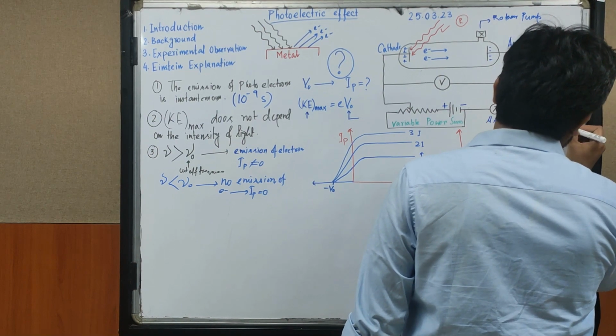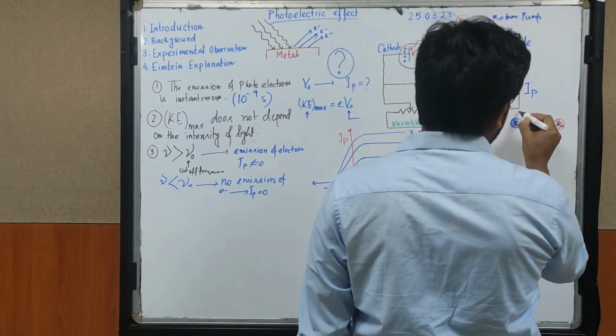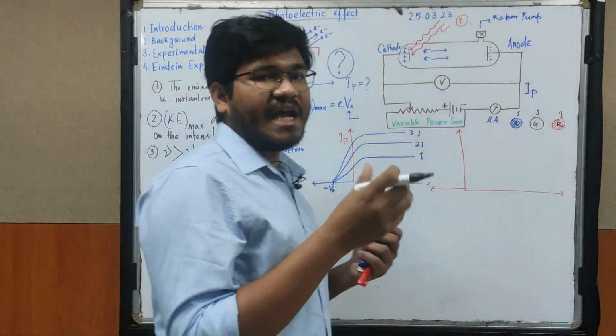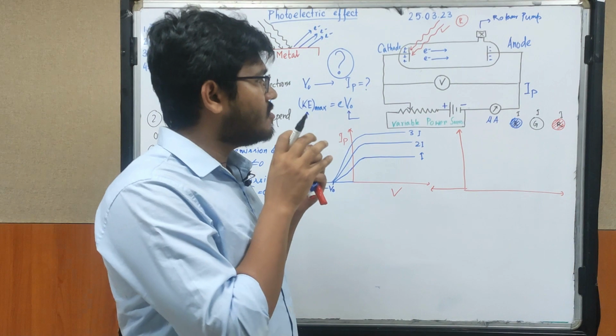So green, red and blue light, all the lights will have the same intensity. Intensity means how the light is glowing. The glowing for all the lights will be the same. I will use the same power to glow the light.